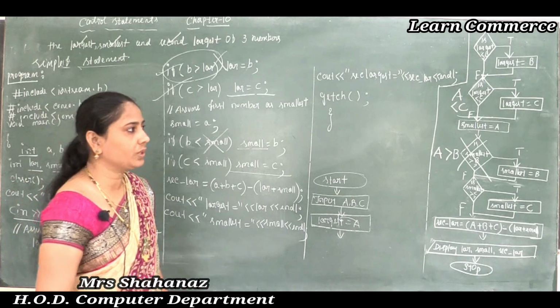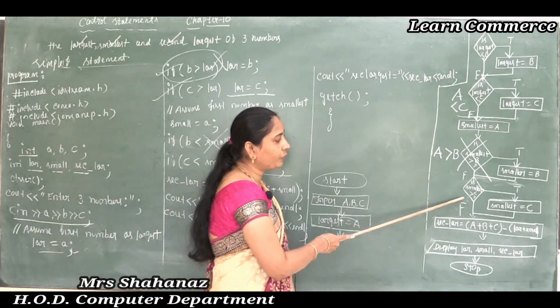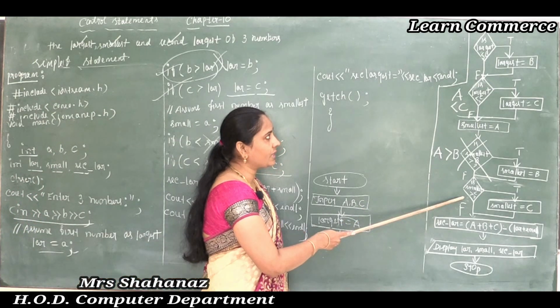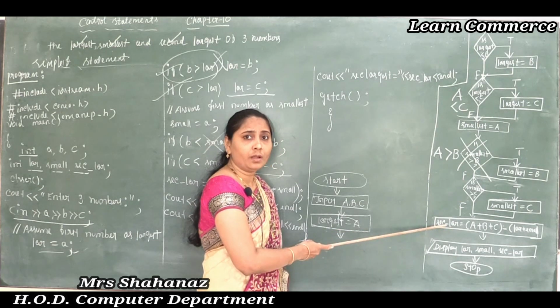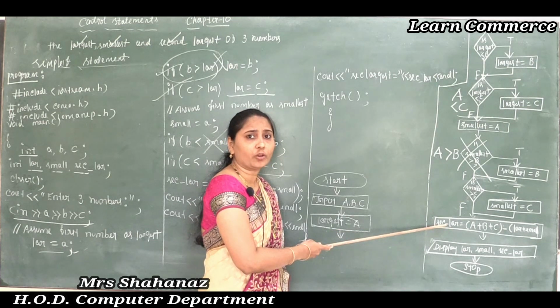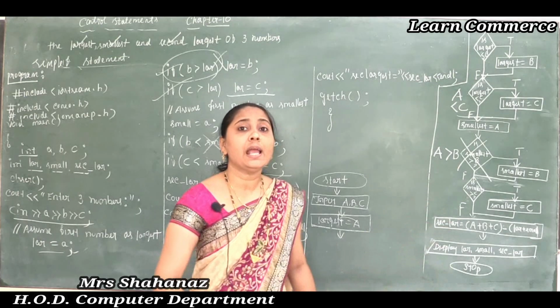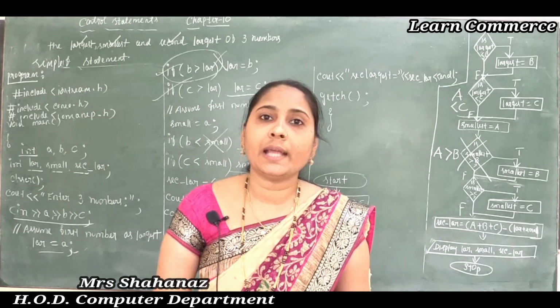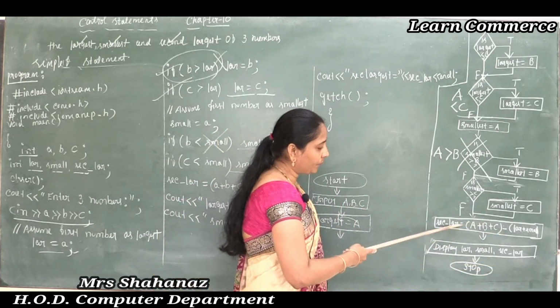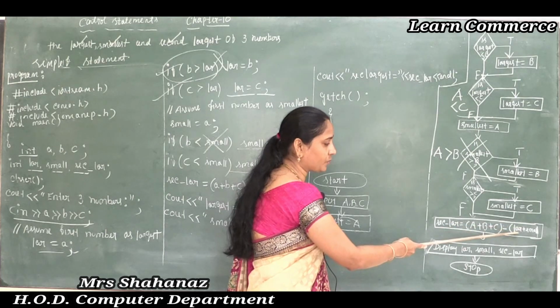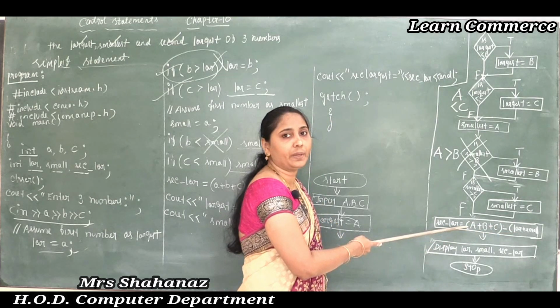As we know that in our algorithm, after getting the largest value as well as the smallest value, we need to make the calculation for the second largest. How is the second largest calculated? That means subtract the sum of largest and smallest from the sum of a, b and c.